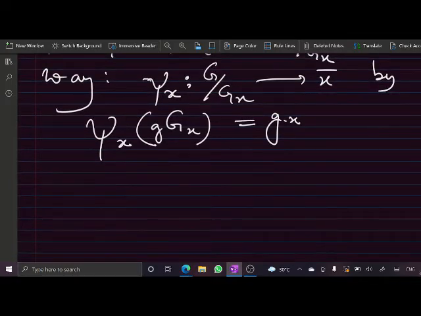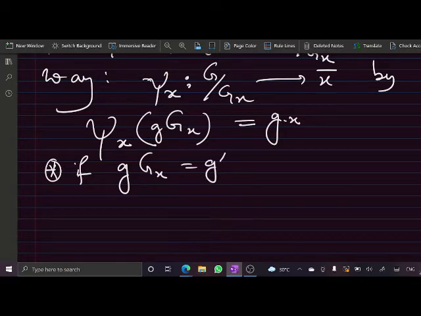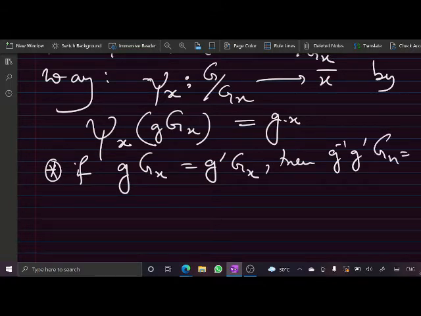Yes, sir. Now check whether this map is well defined or not. If gGx equals g dash Gx, then g inverse g dash belongs to Gx, right?